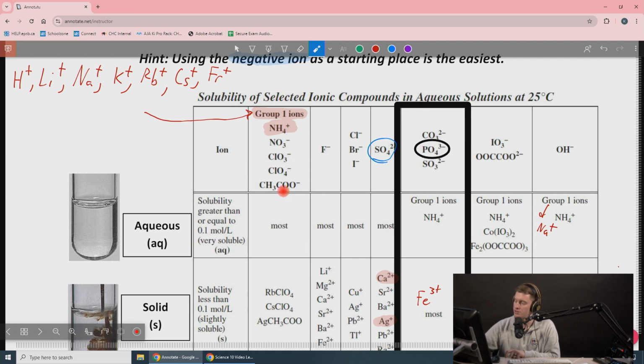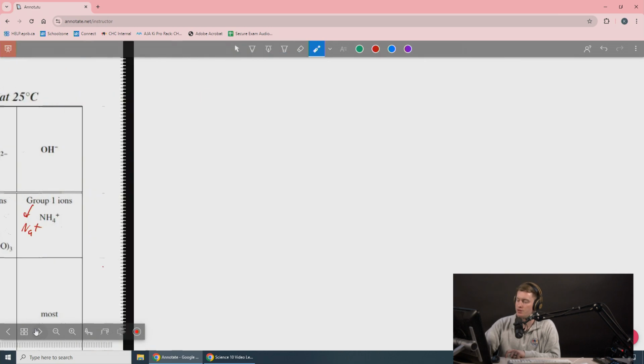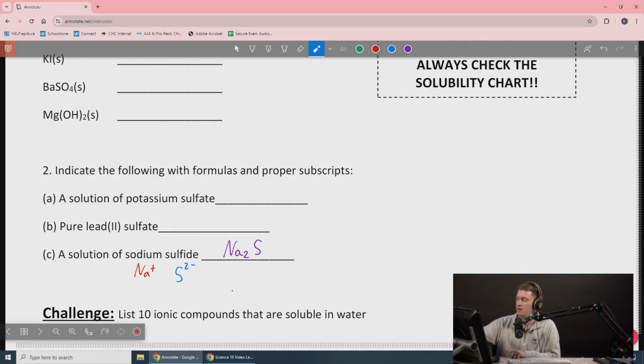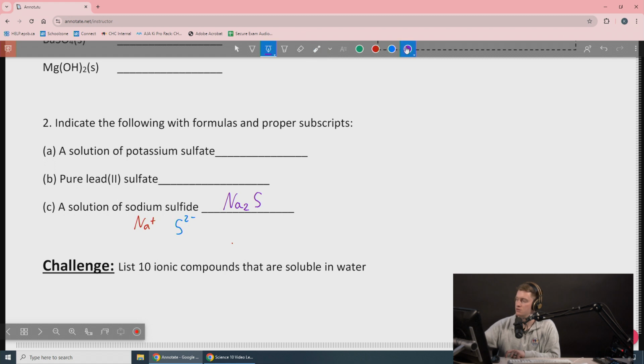So now we're actually going to track down here, and you will see that we do not have sodium sulfide specifically mentioned in the bottom. Most things are aqueous with sodium, so this is going to be an aqueous solution.